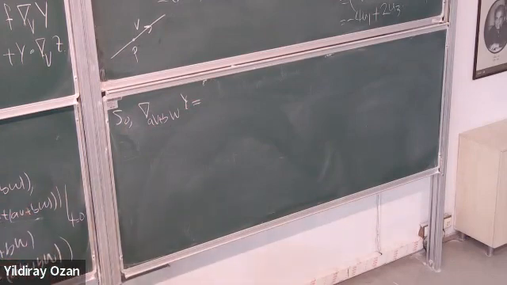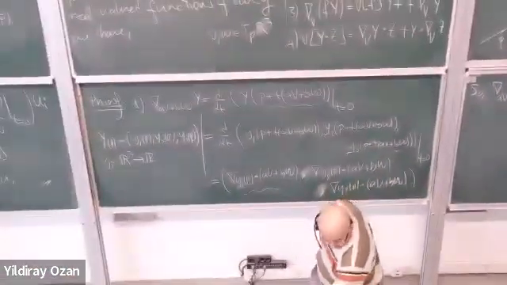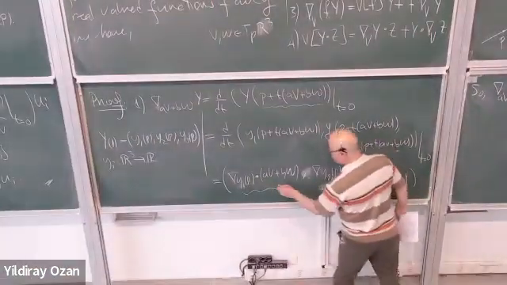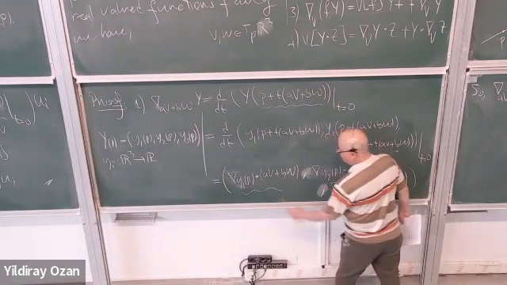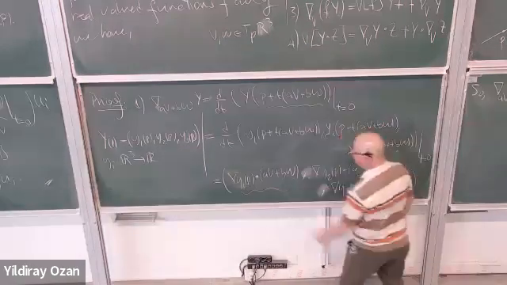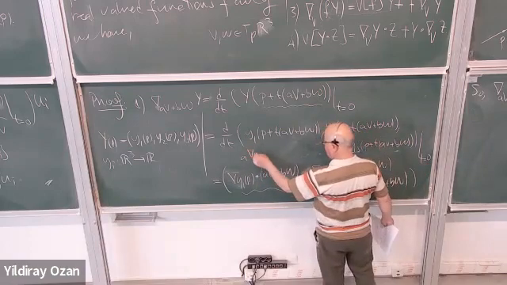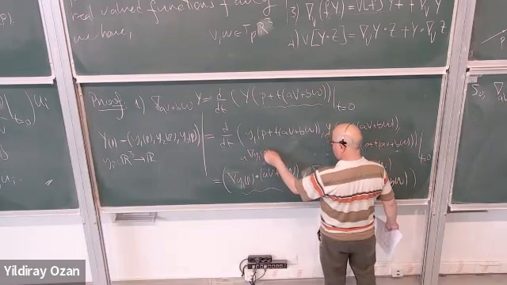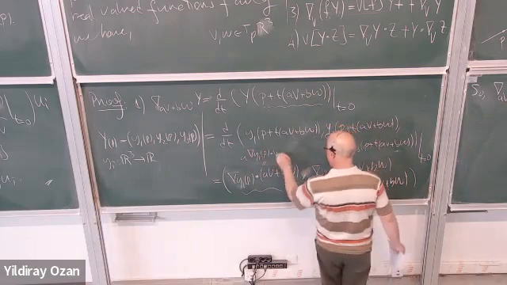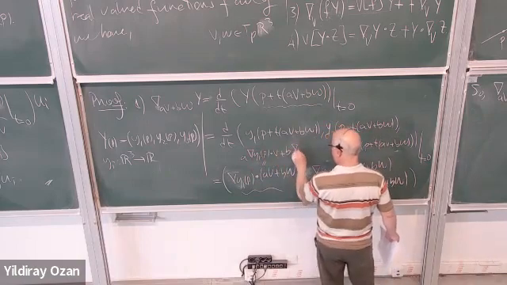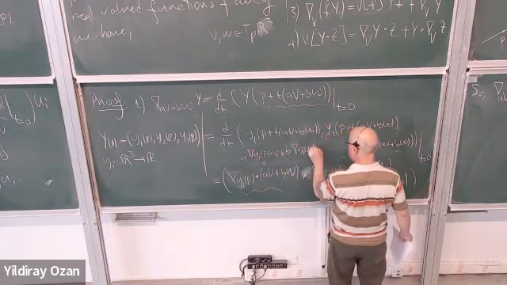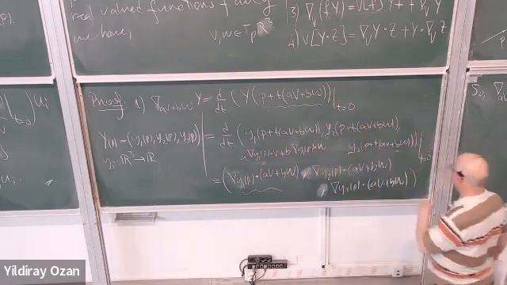Well, this is the dot product of two vectors, and this can be written like this: A times the gradient of y1 at P dot V plus B times the gradient of y1 at P dot W, right?